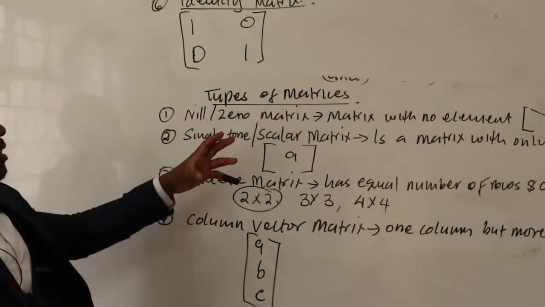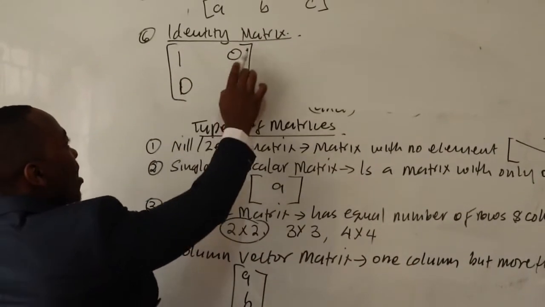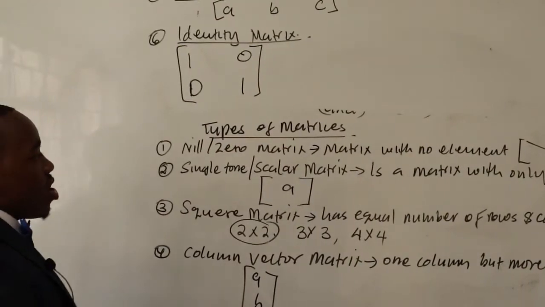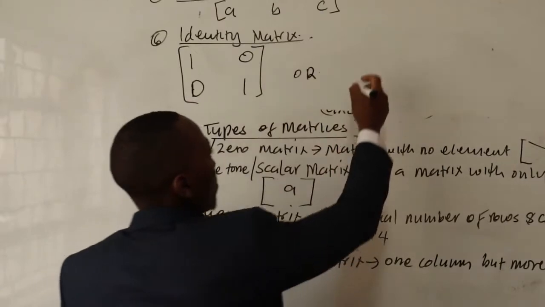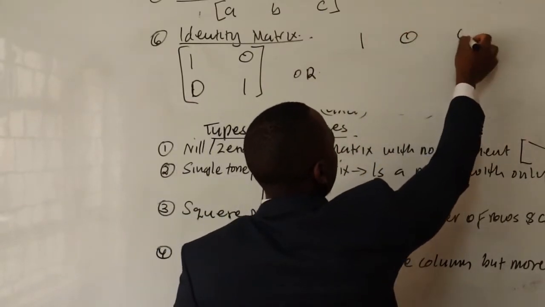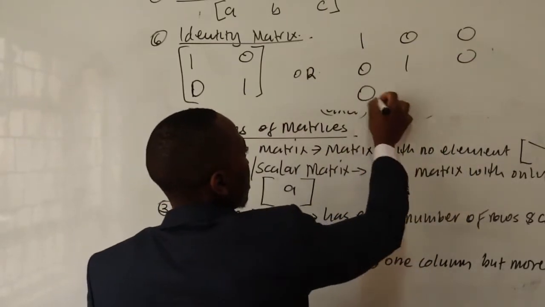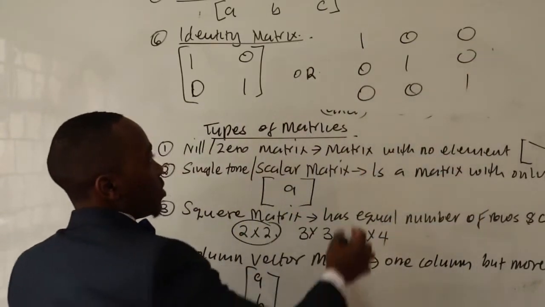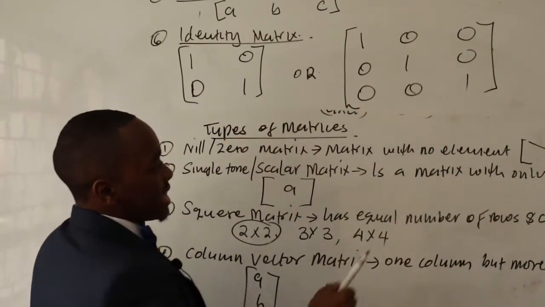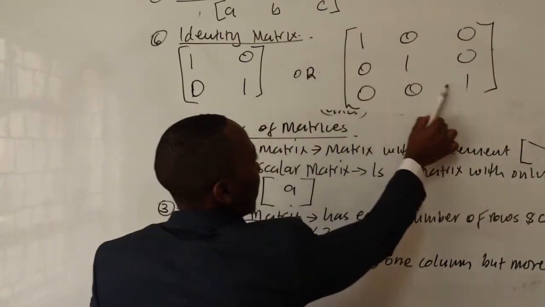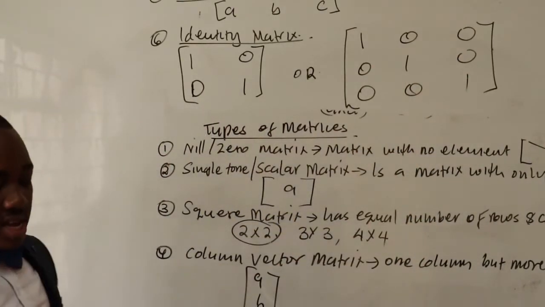That's an identity matrix, in which the major diagonal elements are 1, but all other elements are 0s. Or, assuming it's a 3 by 3 matrix, you may have 1, 0, 0, 0, 1, 0, 0, 0, 1. That's another identity matrix. If you look at the major diagonal elements, they are ones, and all other elements are 0.